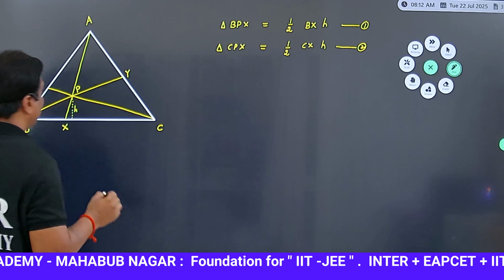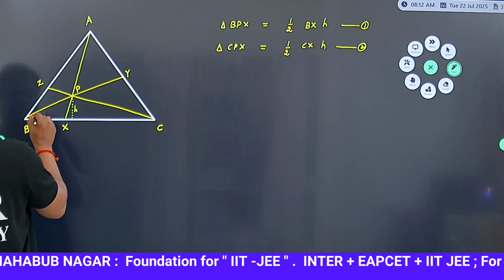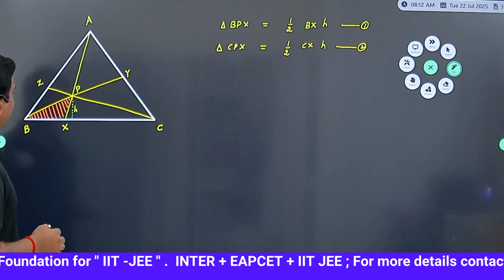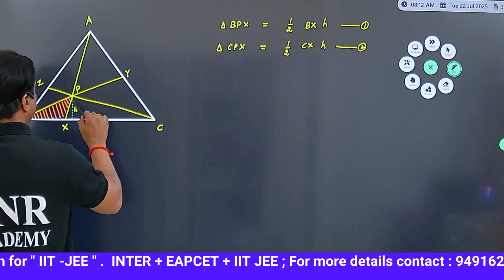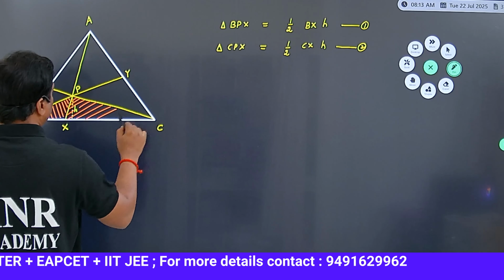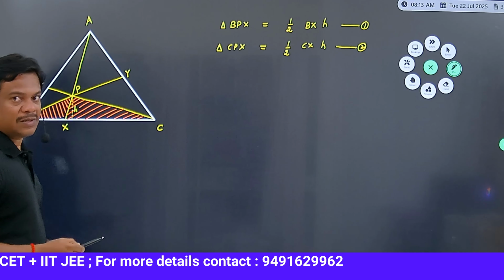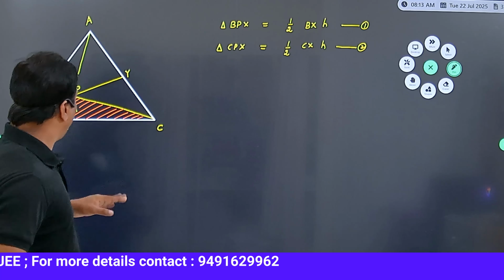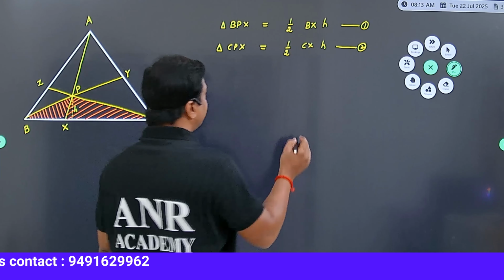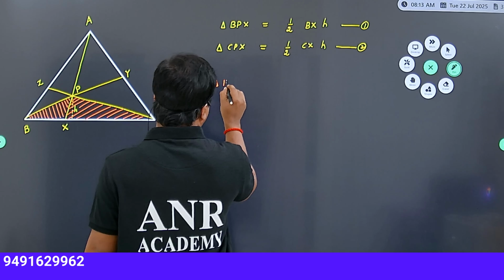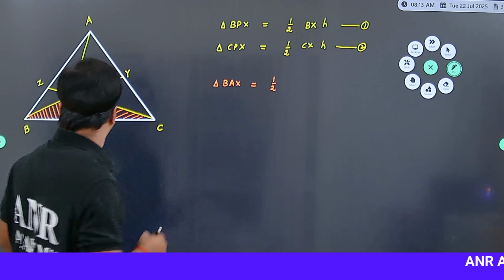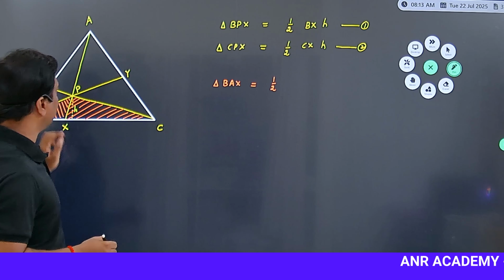Area of triangle BPX, this one, and area of CPX, this area. These are the two results. Now I am going to write the area of triangle BAX. Delta BAX is half into, BAX is of the same base BX.